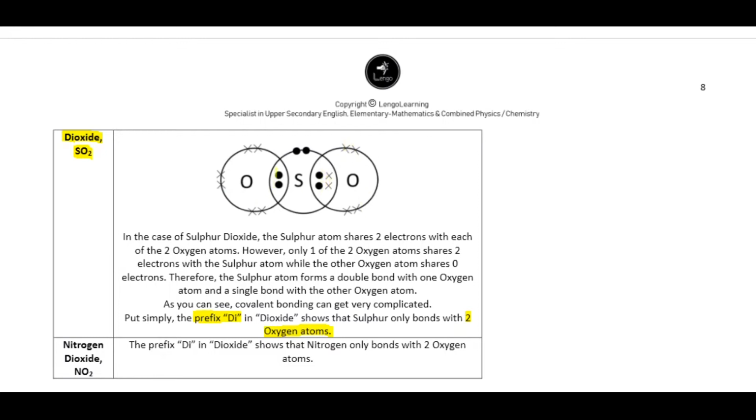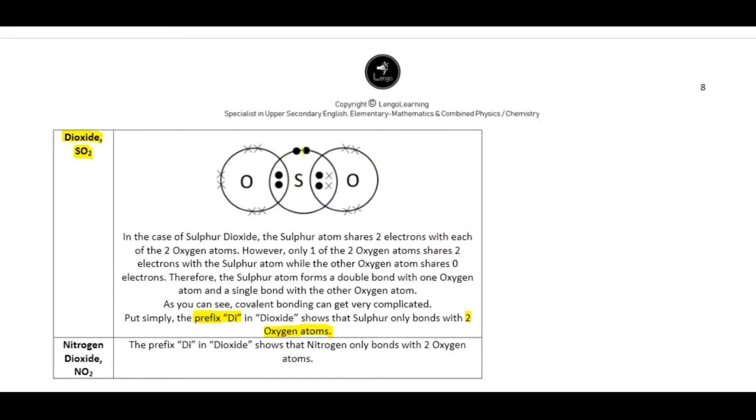So the sulfur will contribute 2 electrons to share with this oxygen. So this oxygen will have a total of 8 electrons, which is a stable octet structure. Sulfur will contribute 2 for sharing to this oxygen as well. So this oxygen now has 8 outermost electrons, again a stable octet structure.